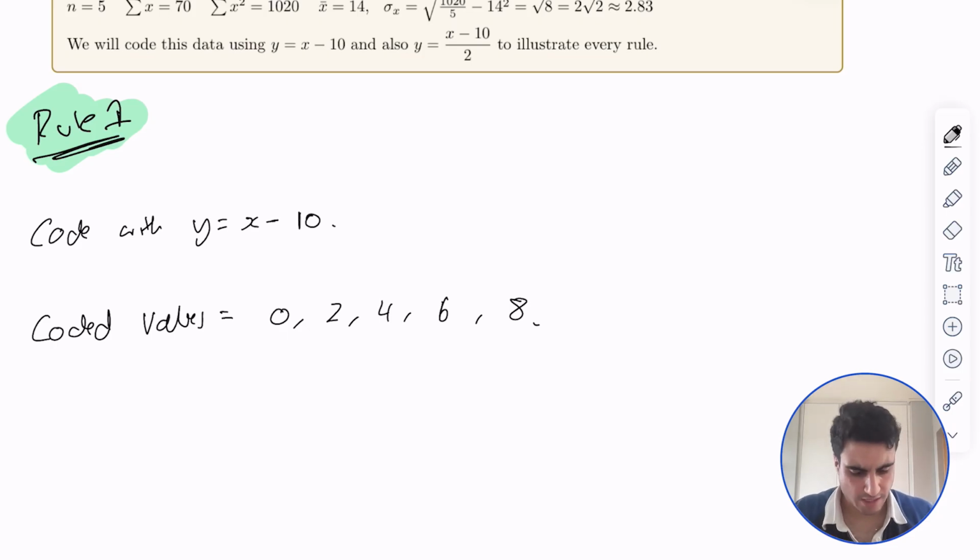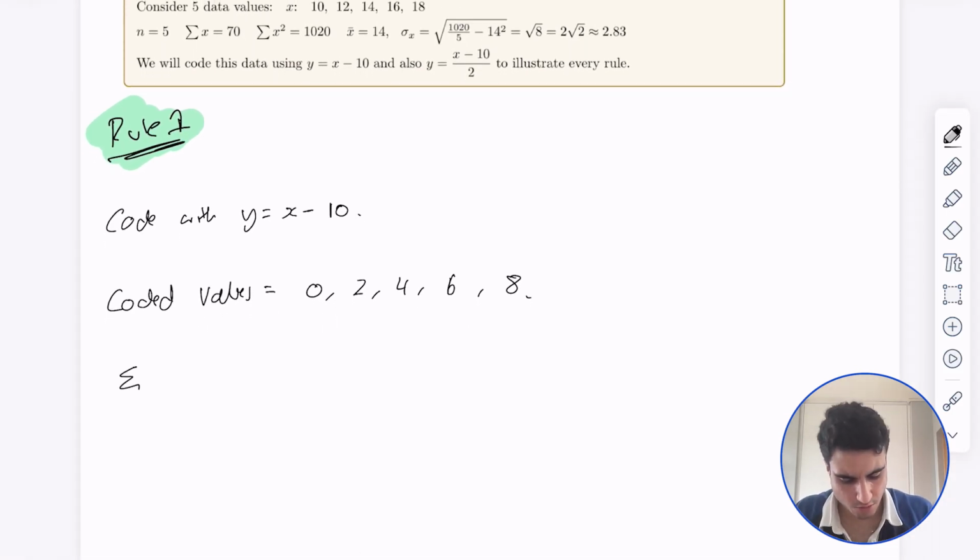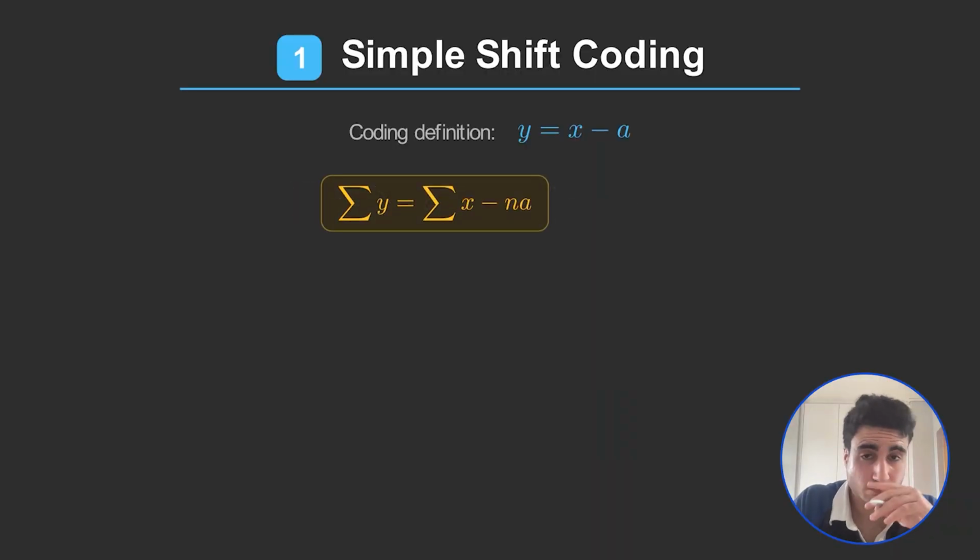And so what happens now? We've got sum of y. Our sum of y is going to equal 70 minus 5 times 10. Now why is that? Because as you can see from the rules, the sum of y is going to equal the sum of x minus n times a.